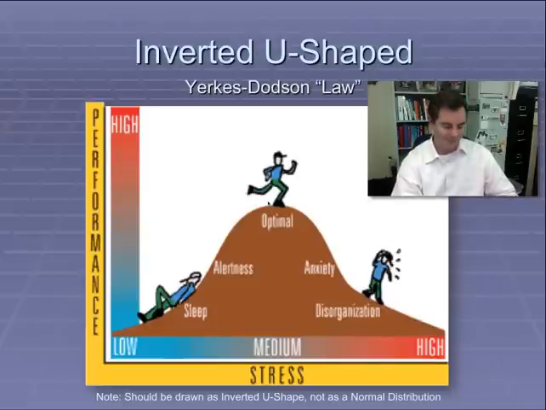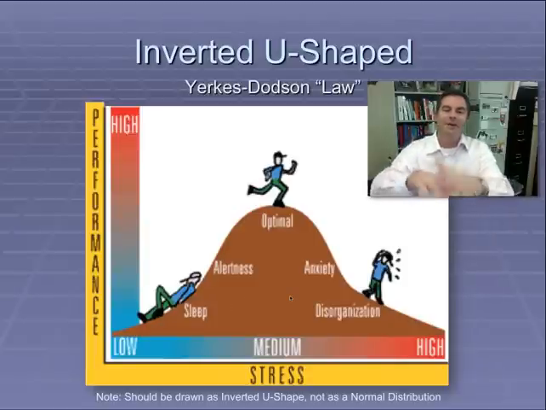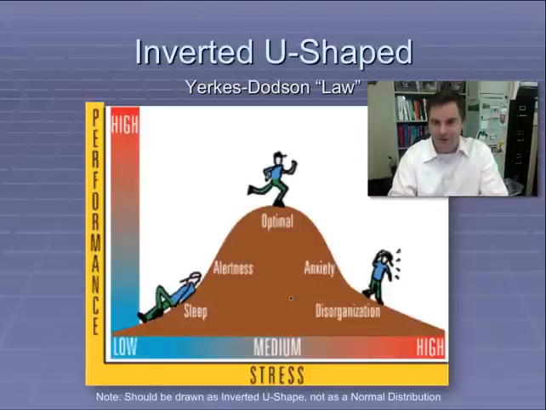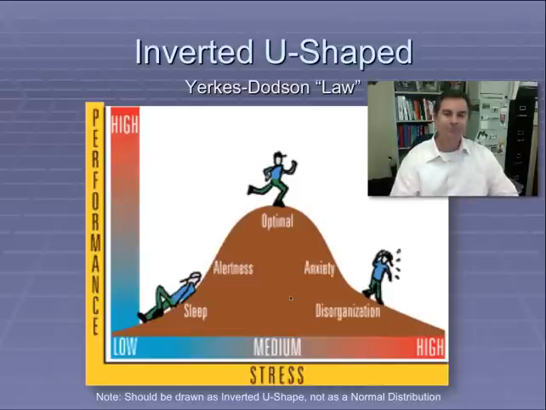Optimal performance for whatever the task is comes with a moderate amount of stress, emotional arousal or motivation, whatever term you want to put down here. If it's too much, you have anxiety, disorganization, high stress, you completely fall apart, and performance is as poor as on the other end. So I like this cartoon, but it should be a truly inverted U-shape, not normally distributed. It doesn't gently slope out like that.